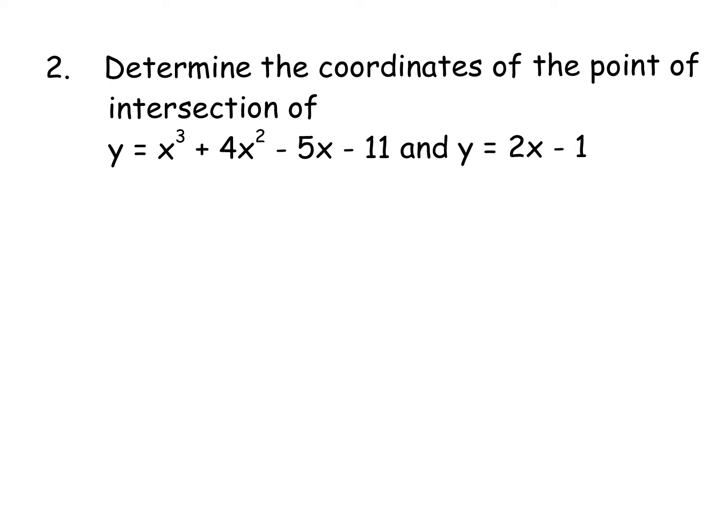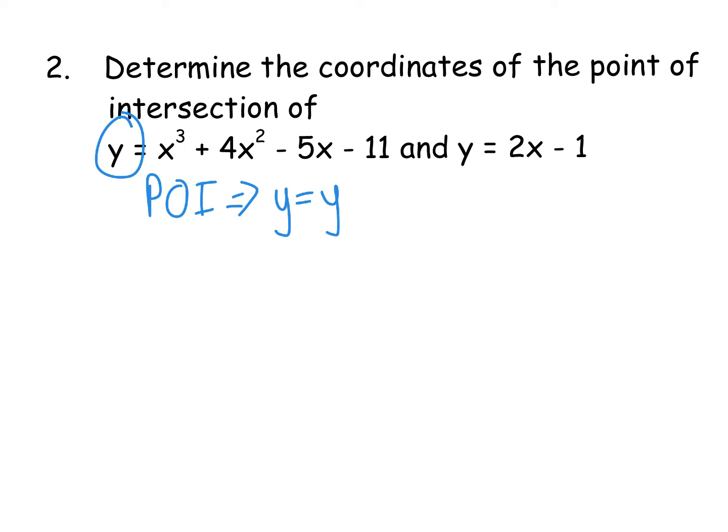So for points of intersection at Higher, we do something called setting y equal to y. Now you were probably taught simultaneous equations to eliminate a letter. There is another method called the substitution method, and that's effectively what we're doing here. We've got 2 different equations that both say y equals and y equals.